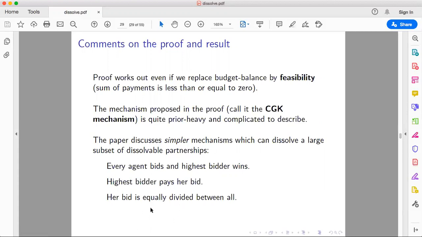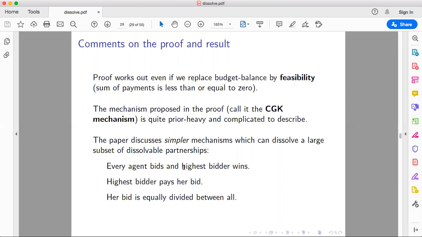By construction, the mechanism is budget balanced because the highest bidder pays her bid and her bid is equally divided between all. The trick is to show that it will satisfy interim individual rationality, and that is shown for a large class of partnerships: the equilibrium of this game will satisfy interim individual rationality.